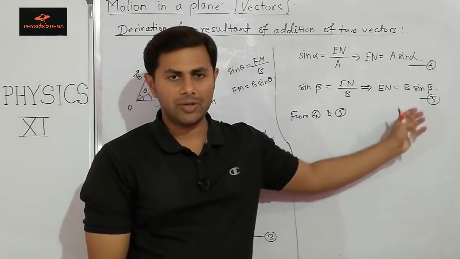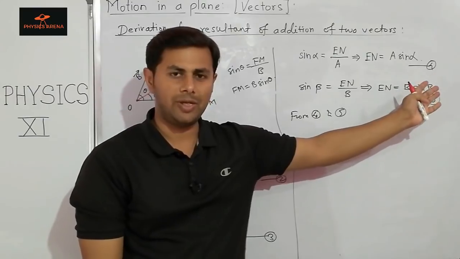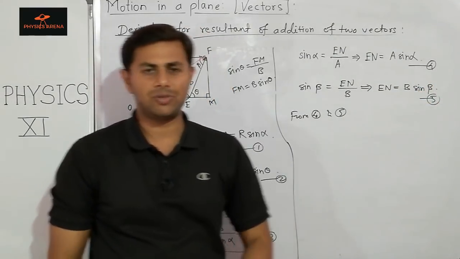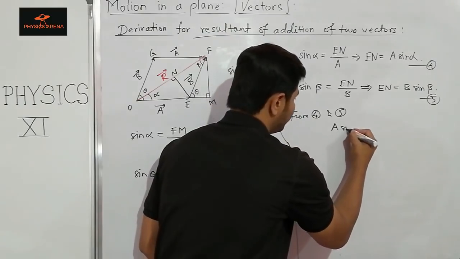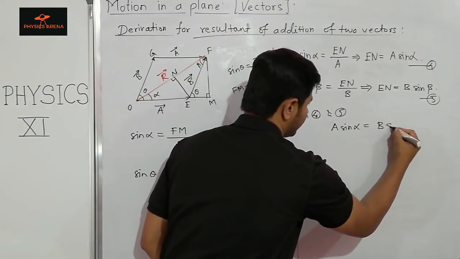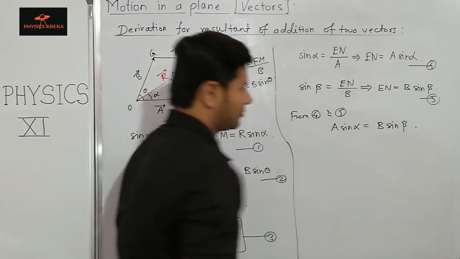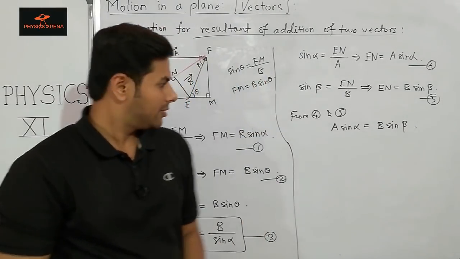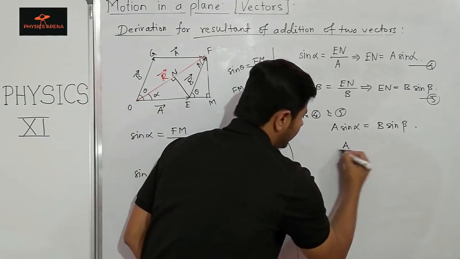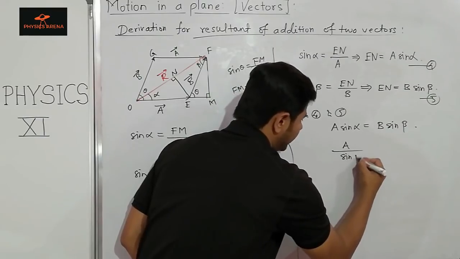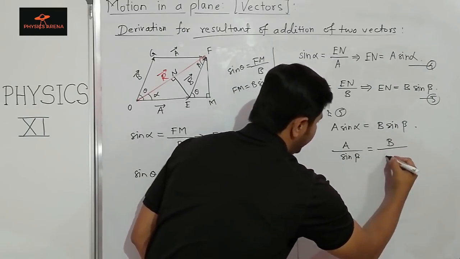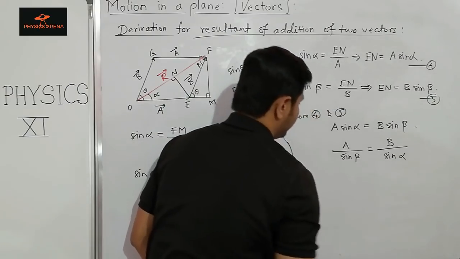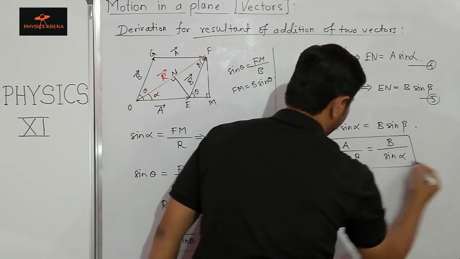Left hand side is equal, so right hand sides should be equal. So A sine alpha should be equal to B sine beta, just like the previous case. And then rearranging this, we get A divided by sine beta equals B divided by sine alpha. So let's call this equation number 6.